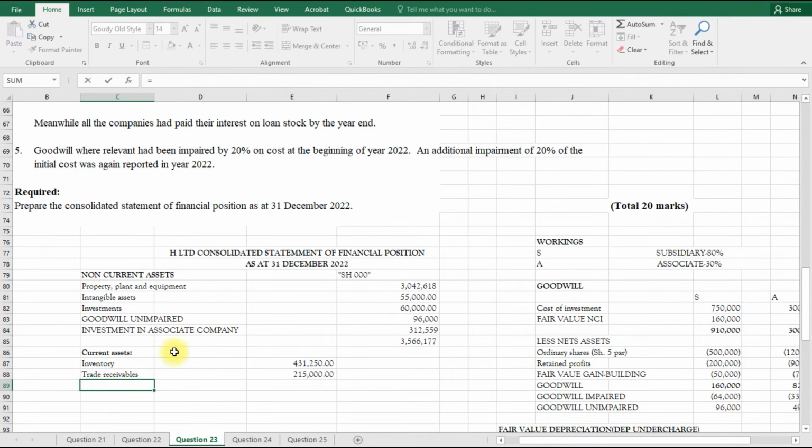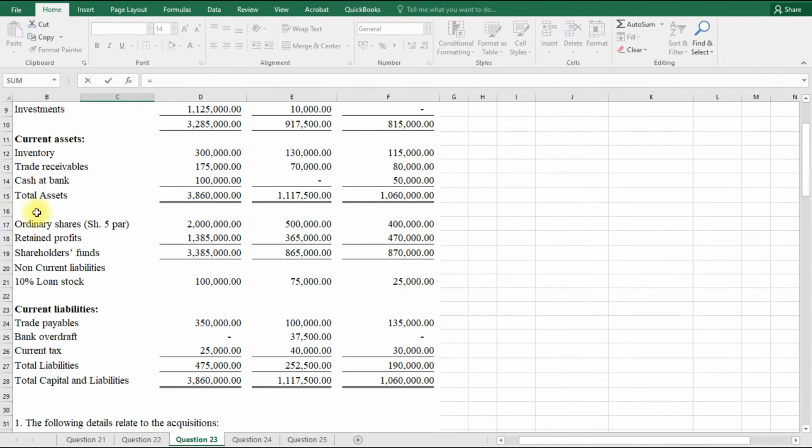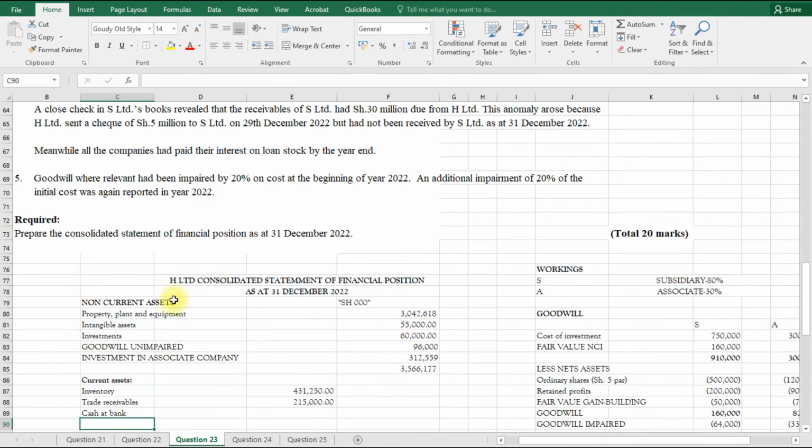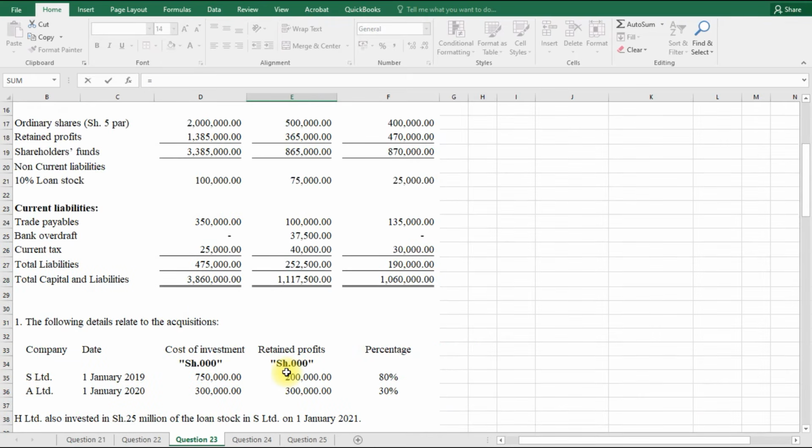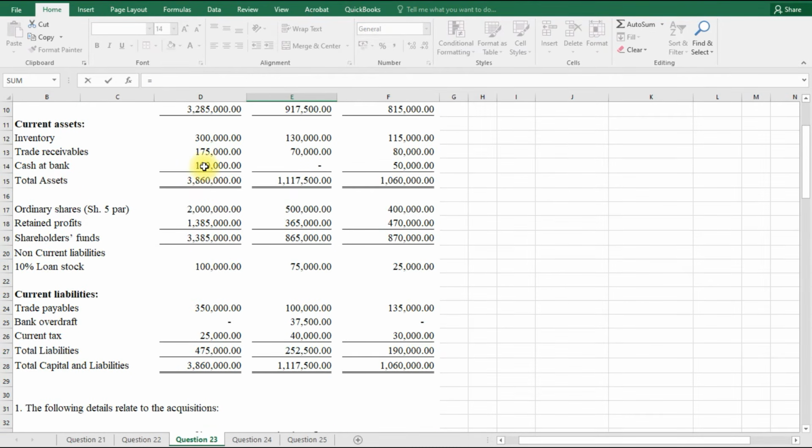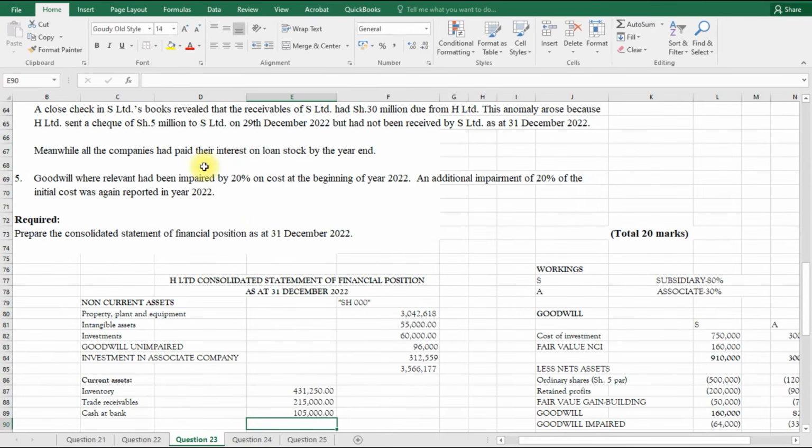Then we have the cash, our cash at bank, which will be equals to, so we shall have cash at bank. We had 100 for H, and we add the 5,000 that was in transit.